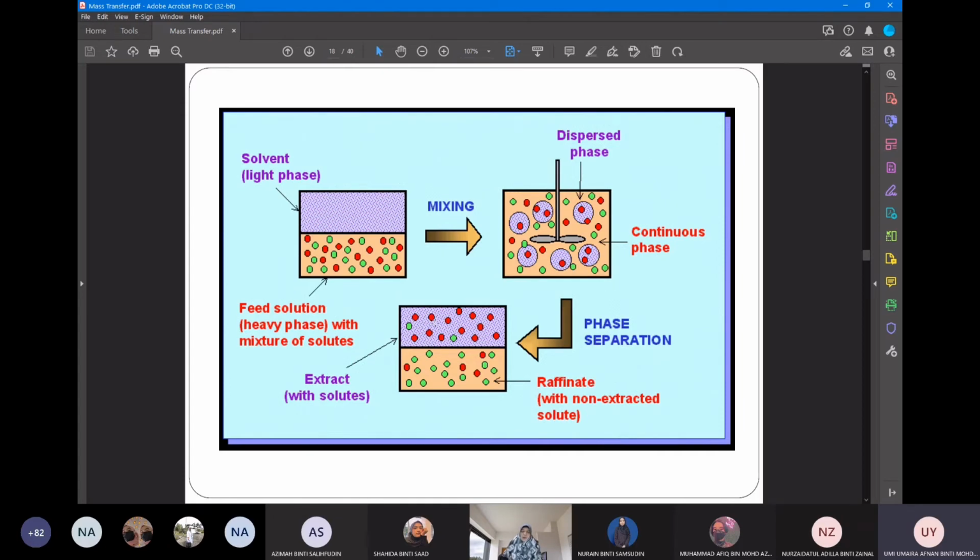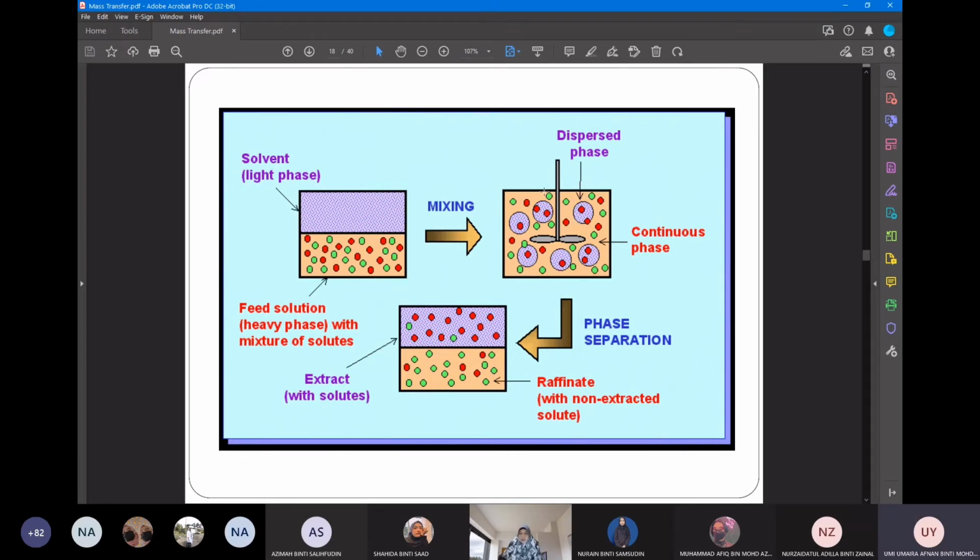Before the diffusion occurs, you have separated components of feed solution and solvent. Because your solvent is a light phase, it will be placed on the top of the solution. Then you mix the solution to increase the contact area between your solutes and your solvent.